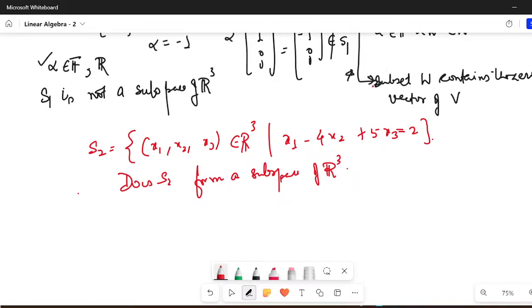Here, this statement can come to the rescue. What is the vector space V here? V is your R cube, and S2 is a subset of R cube. Now, if S2 forms a subspace, then it must contain the zero element of V. And the zero vector of R cube is (0, 0, 0).